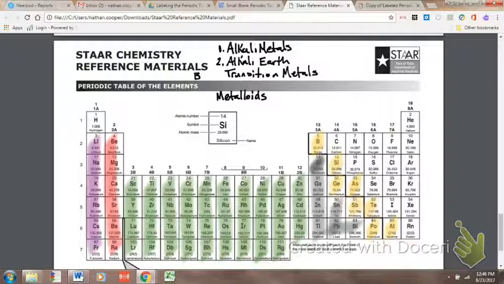This column here, fluorine, chlorine, bromine, and iodine, the one that's in another purple color. That is a family called the halogens. So I'm actually going to put the number 7 in halogens.